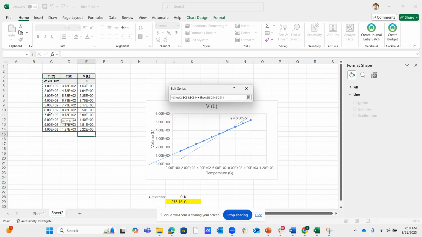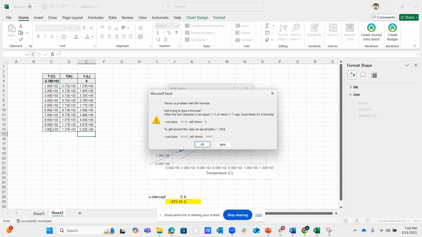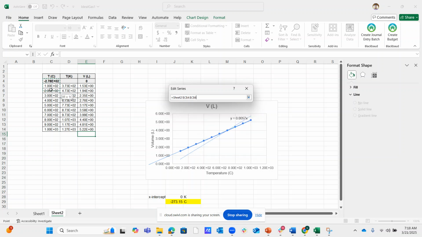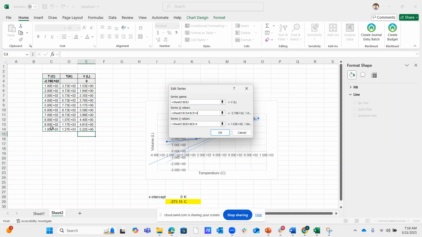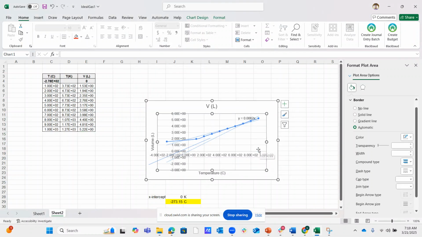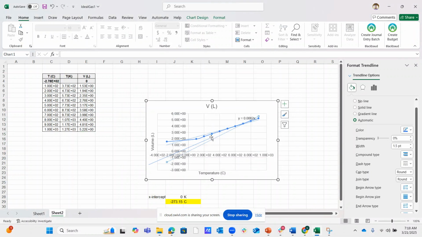Okay, it's not picking the value, so clear all of them. Good. Now these are our new data. So I just did that right now. Okay, good. Now all of the values are here.